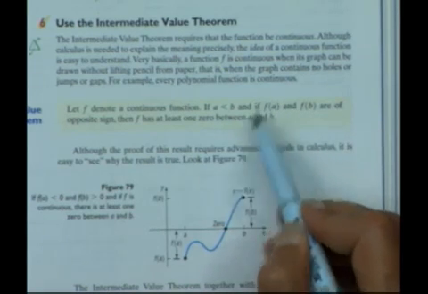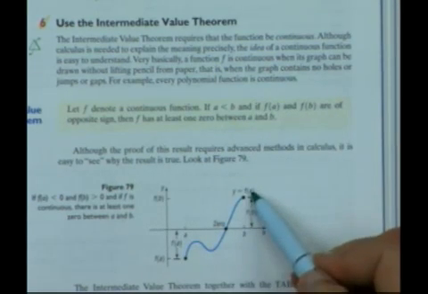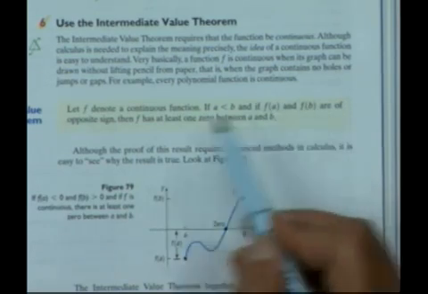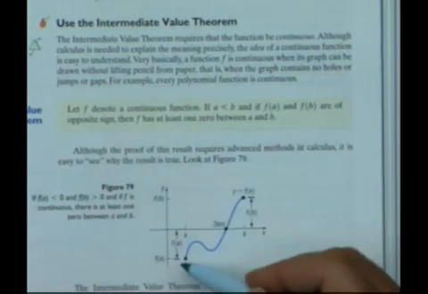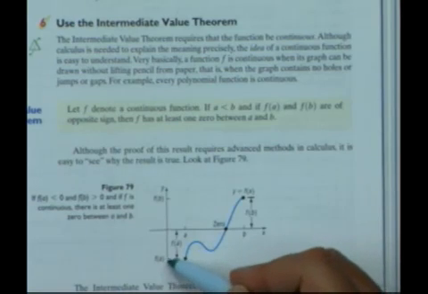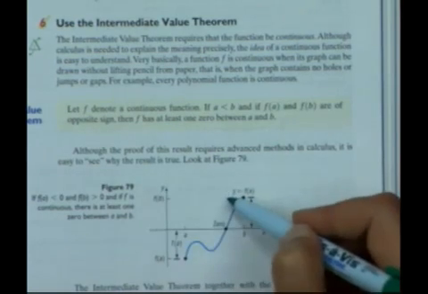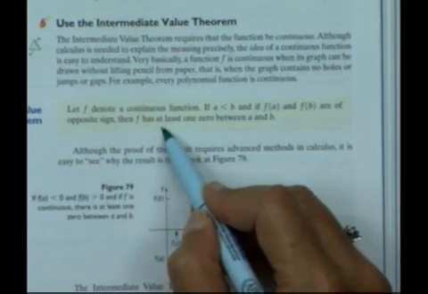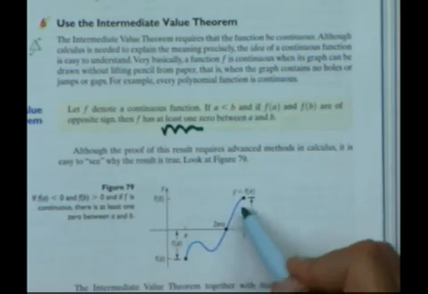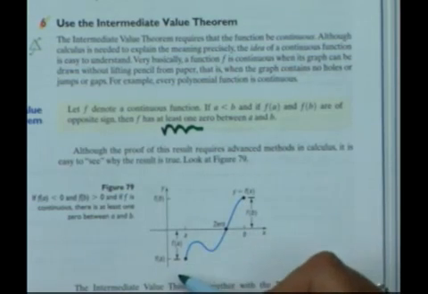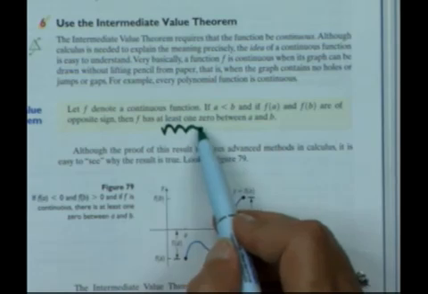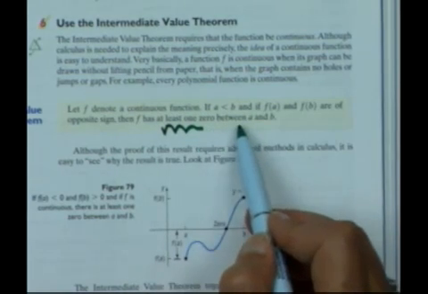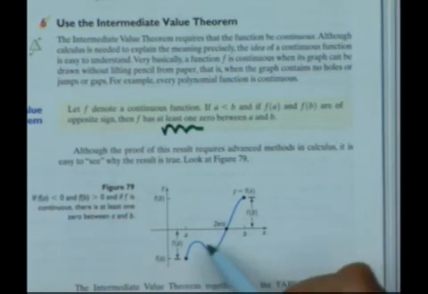If these y values are opposite sign, meaning one is negative, one is positive, and the curve is continuous, then your function is going to have to cross the x-axis to get from this y value to the other. So f has at least one zero, one x-intercept, between a and b.